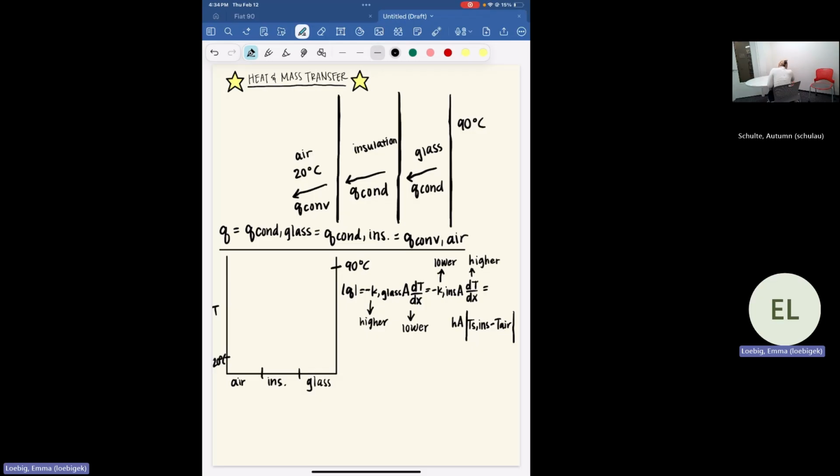So sketching this out, we're going to have a temperature gradient with a slope that isn't so steep going through the glass. It then steepens going through the insulation and finally tapers off to 20 degrees Celsius. And that is how you sketch the temperature profile for this example.